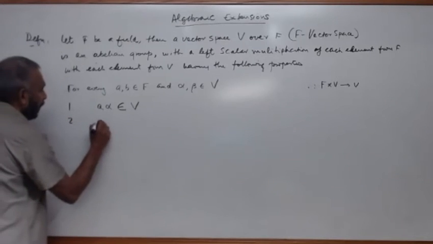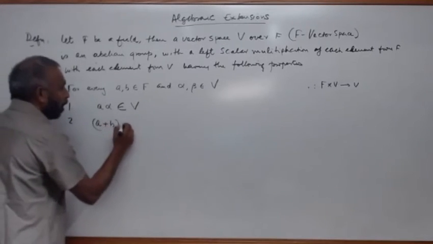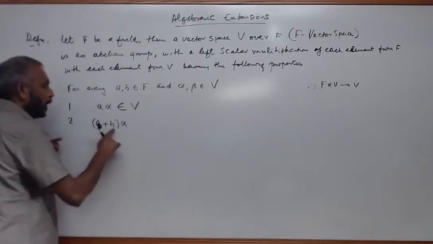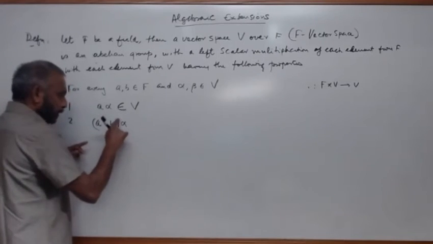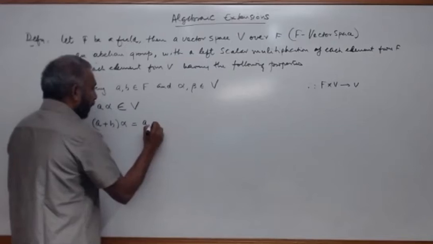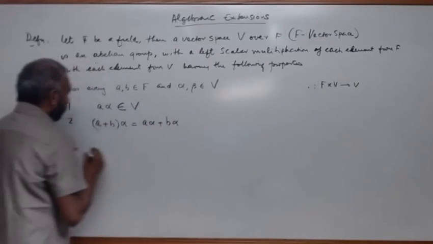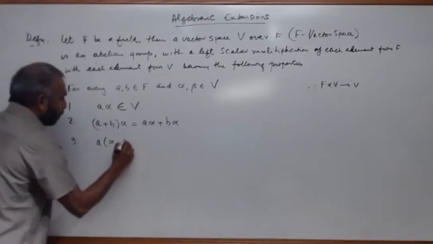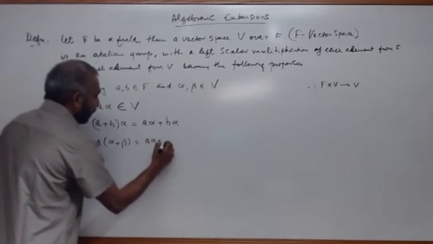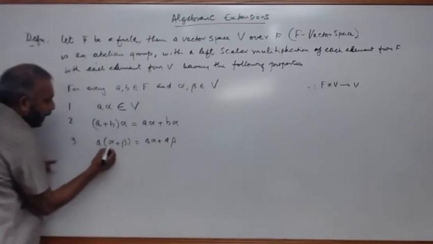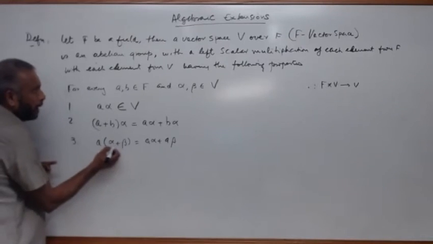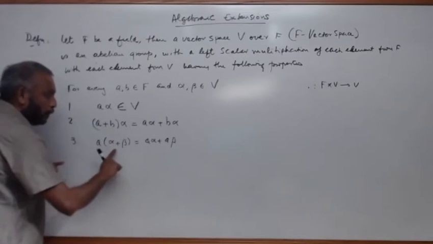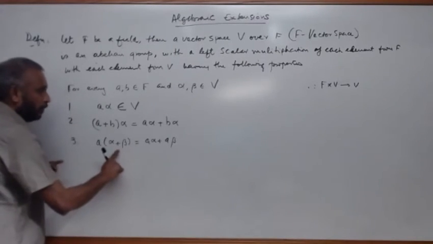Second property is a plus b times alpha. a plus b is possible, since a and b are from a field, so addition is possible. Times the scalar multiplication equals a alpha plus b alpha. Third one is a times alpha plus beta is equal to a alpha plus a beta. The scalar multiplication of a with the sum of two vectors in V is this.